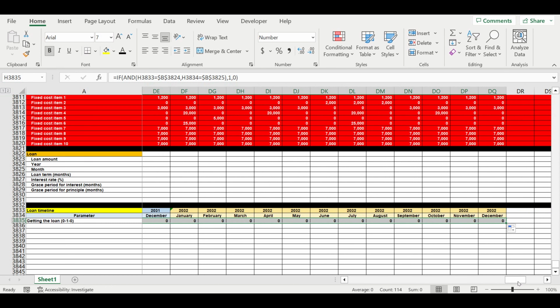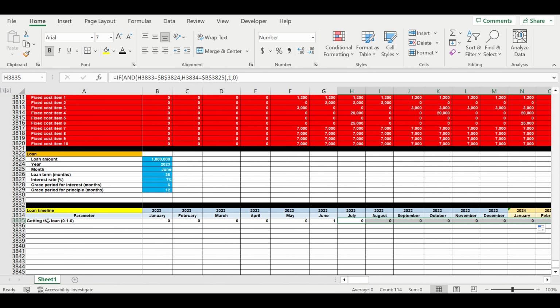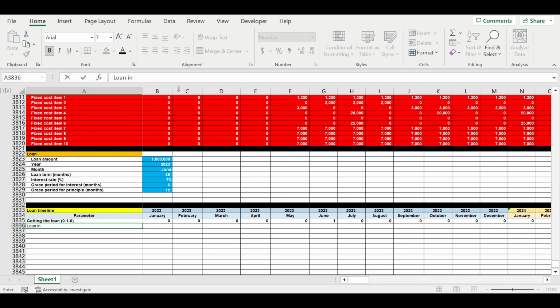Now let's create the loan inflow itself. That's a very easy story. We just take this line and multiply it by this.